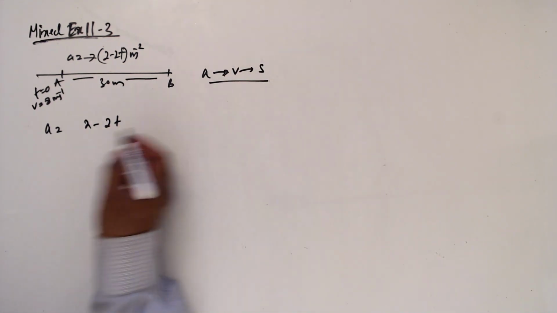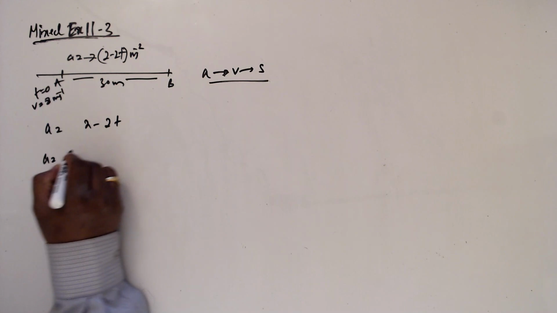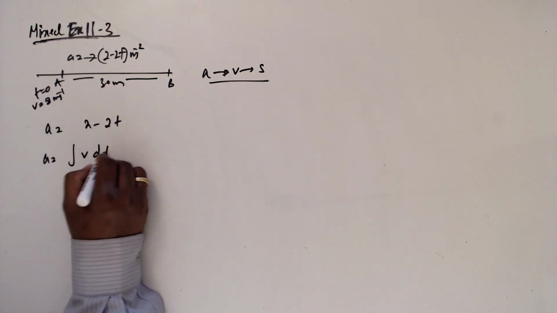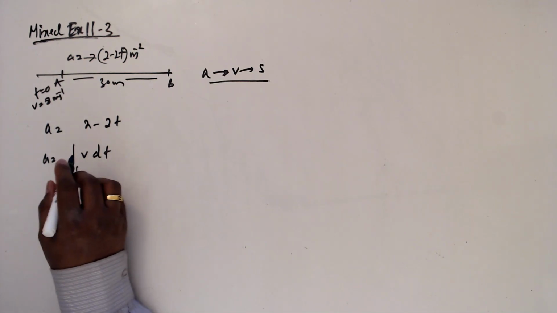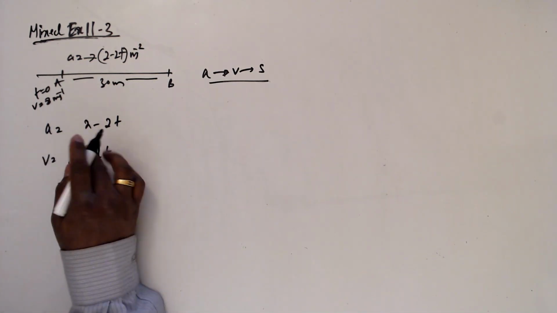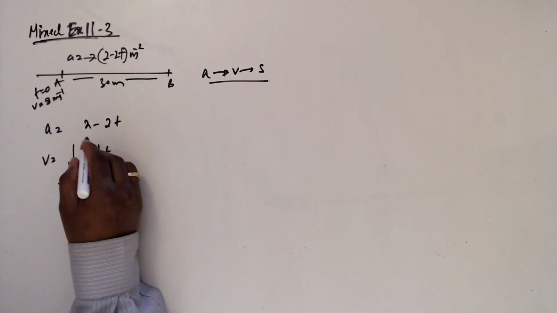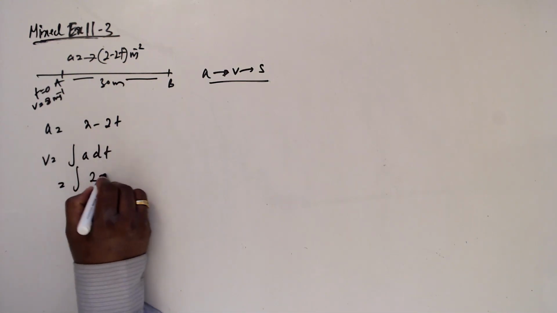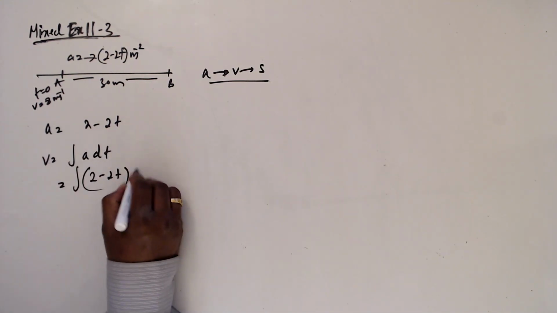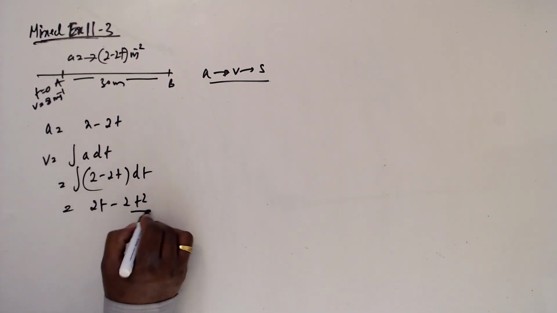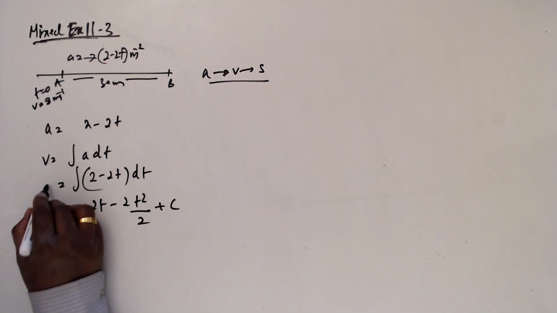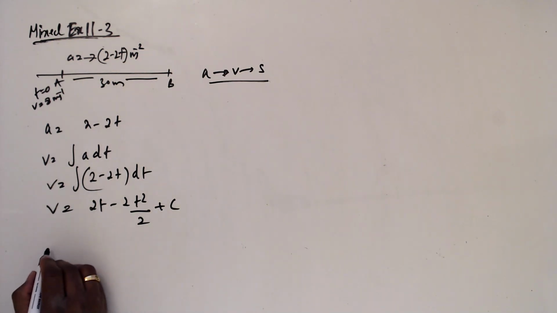So integration is the process. v equals integral of a dt. Now a value is 2 minus 2t dt. This is going to be 2t minus 2t square over 2 plus c.